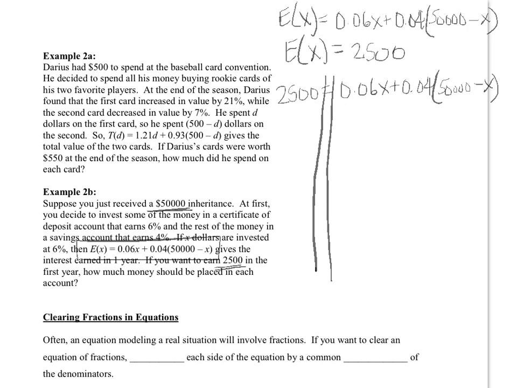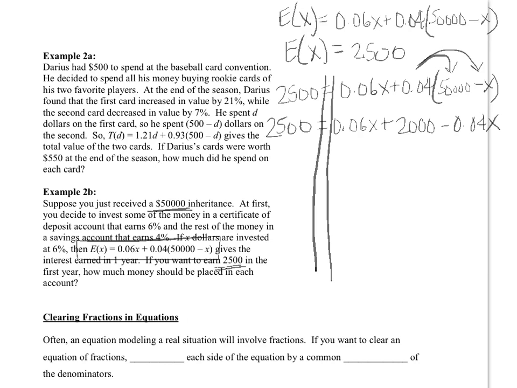And we're going to solve for x. But we're going to use the distributive property first and distribute the 0.04 to the 50,000 and to the x. So 2,500 equals 0.06x plus 0.04 times 50,000 is 2,000 minus 0.04x.